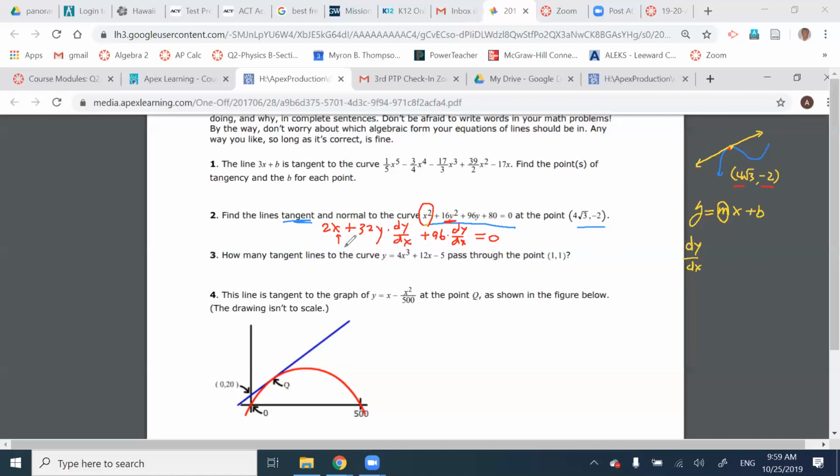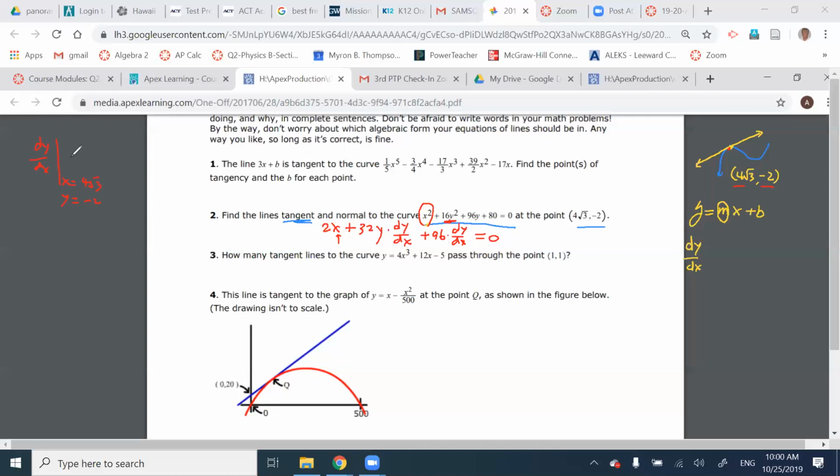Because we are interested in dy/dx, x equals 4 root 3, y equals what? -2. That's what we're looking for. We don't care about the other points right now on the graph. Is that clear?